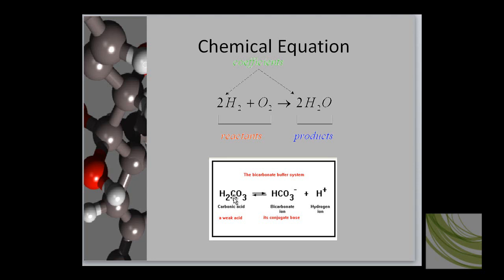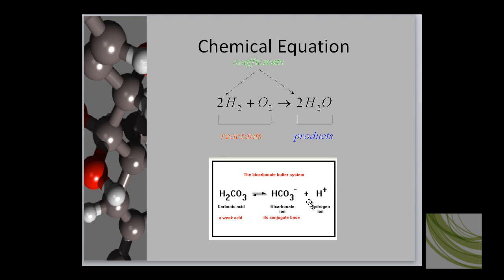A carbonic acid is not charged. So, if your blood gets too alkaline and it needs to increase the acidity, the carbonic acid here will be broken up into separate bicarbonate ions and hydrogen ions. What determines the acidity of a solution is a hydrogen ion. Write that down.